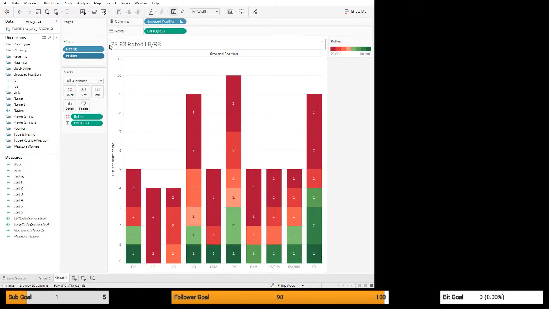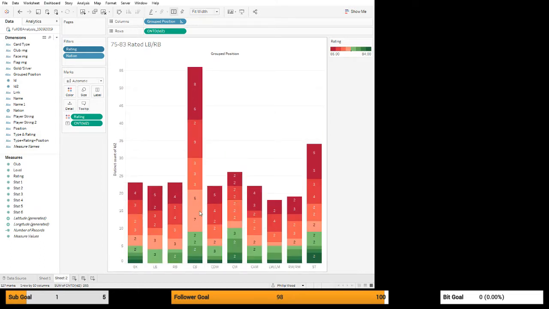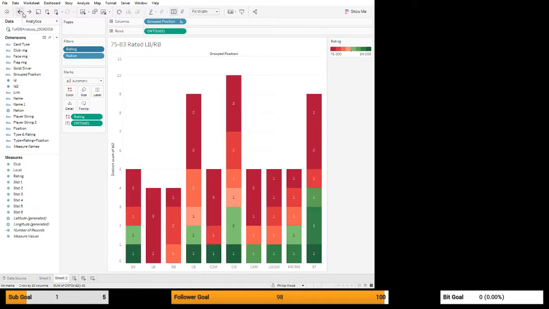I wonder if we include Silvers. Interesting. I would definitely be looking at these two.